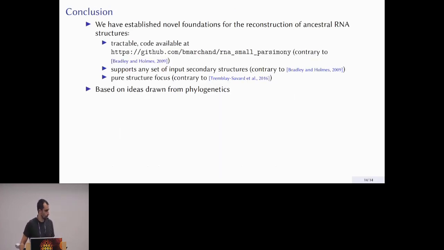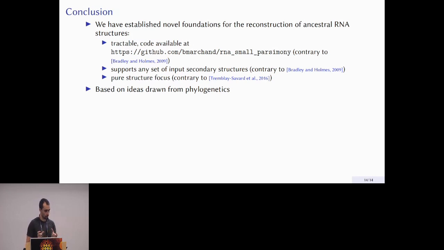So to conclude and take a step back, we've tried to establish novel foundations for the reconstruction of ancestral RNA structures, trying to fill a gap in the literature that we had identified. The code is available on GitHub.